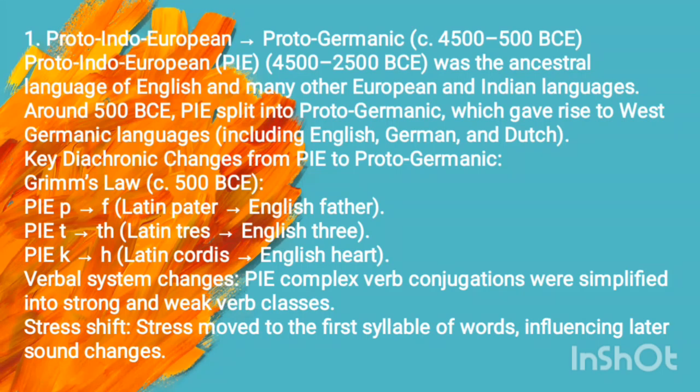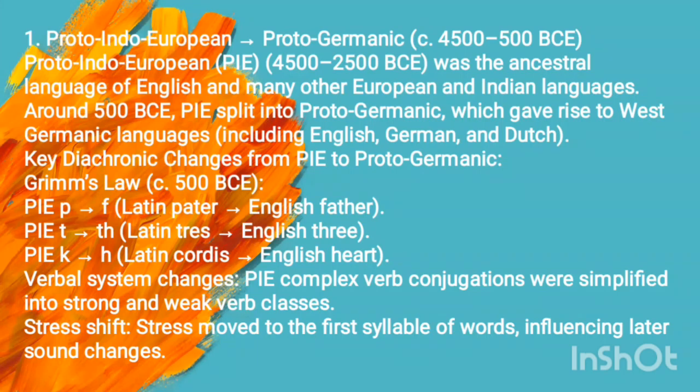Over time PIE split into different branches, one of which was Proto-Germanic. Proto-Germanic starts around 500 BCE. Proto-Indo-European evolved into Proto-Germanic, which later gave rise to West Germanic languages such as English, German and Dutch.